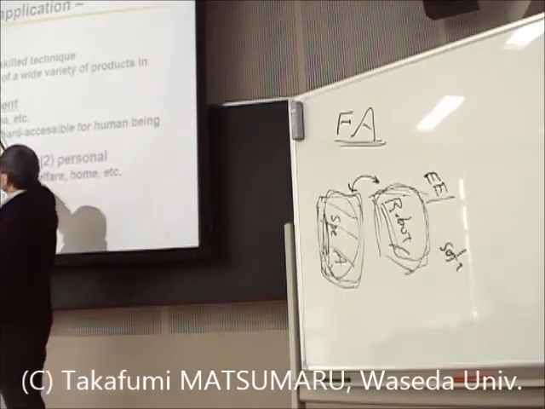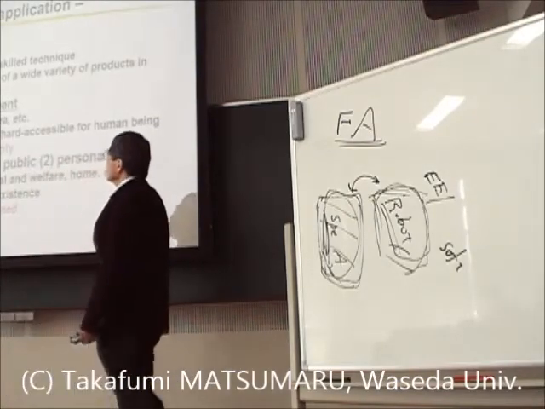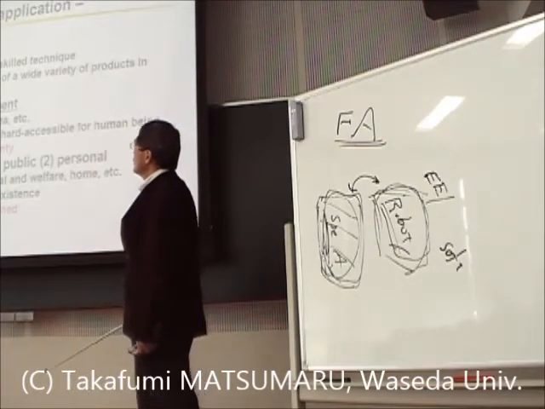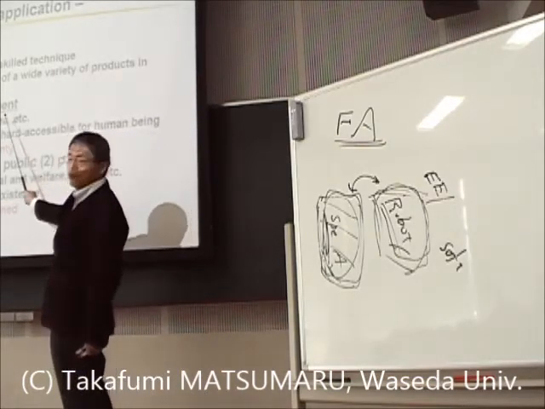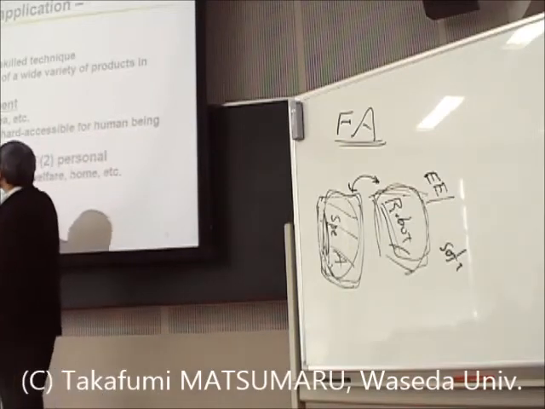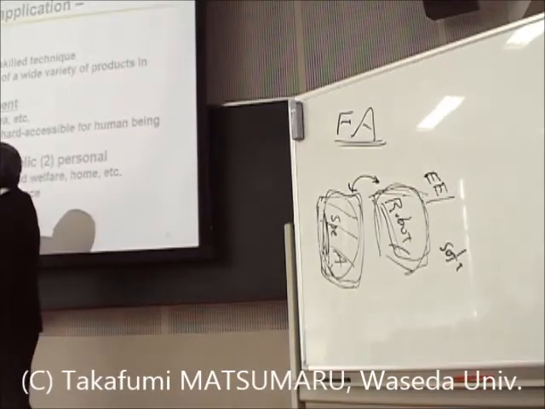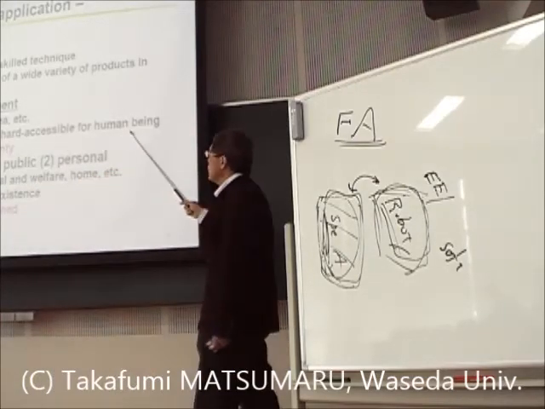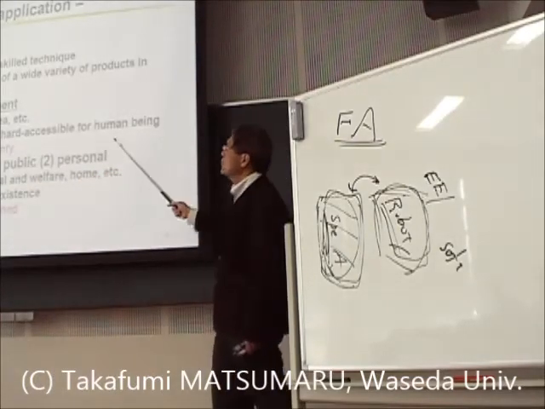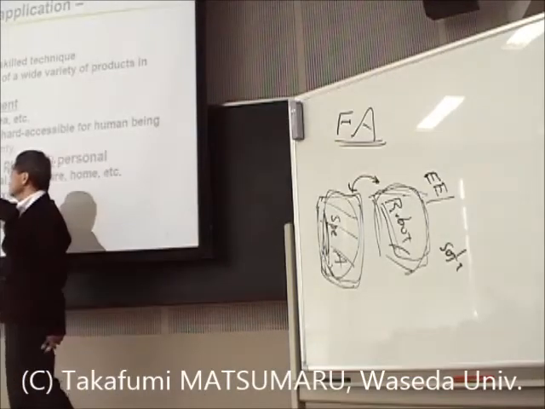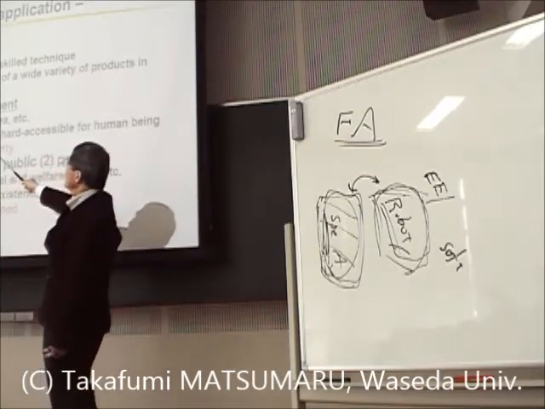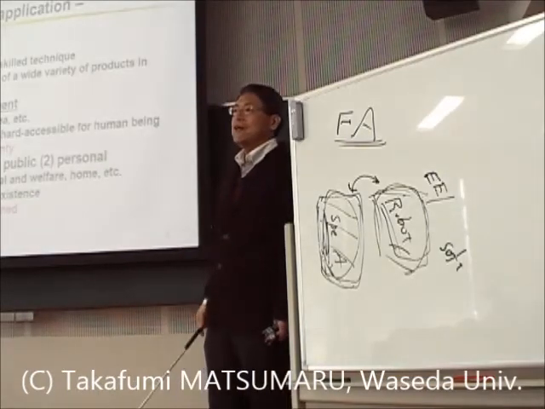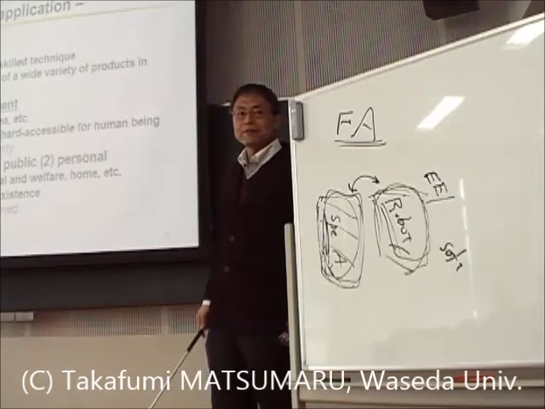And the second categorization is robot working in a special environment. It is very hard for the human workers. It is difficult for human workers. Work in place inaccessible, hard accessible for human being. So therefore, it works in space, energy plant, deep sea, and so on. It's a special location, not daily life's location.